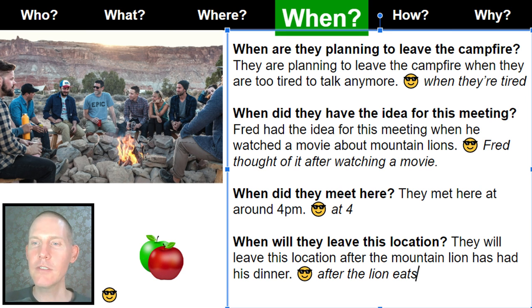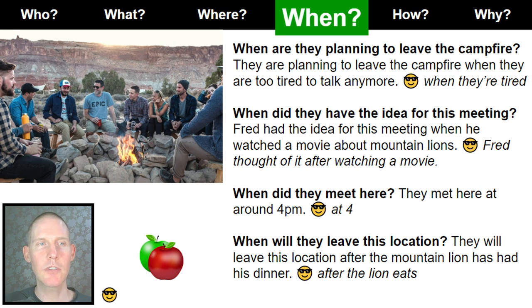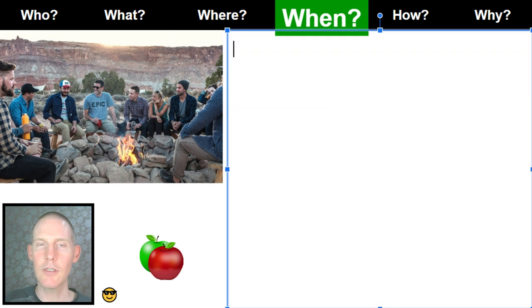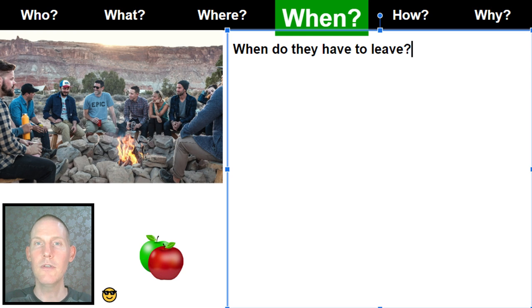Okay, let's see. Layla Almeida says, until when can they stay? It wouldn't start with when. You can say until when can they stay, except that in this section we're trying to ask when questions only. You could change it a little bit and say when do they have to leave, right?